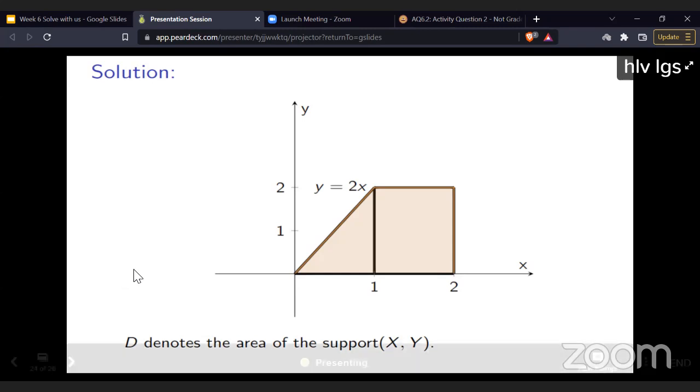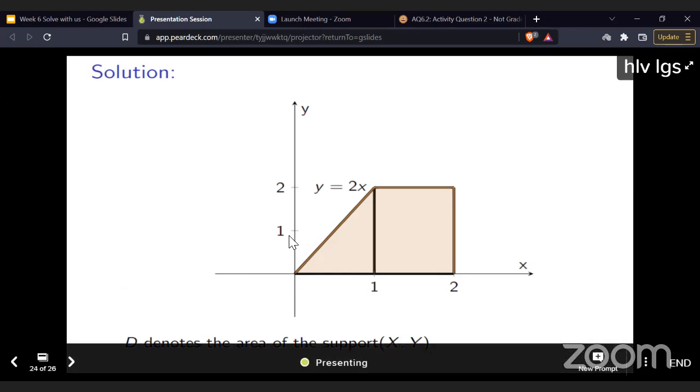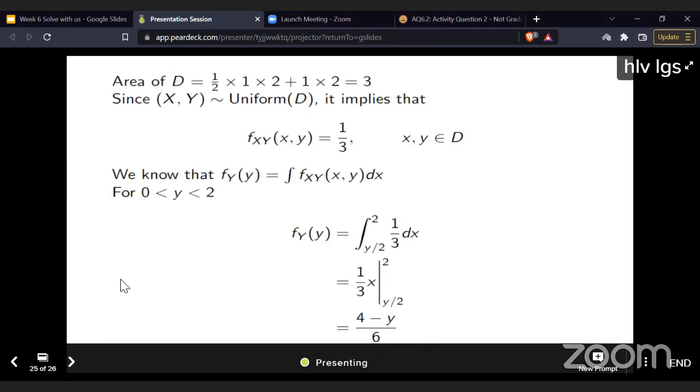To find the limits of x, we draw a horizontal strip. The lower limit of x will be y/2 and the upper limit will always go to 2. So integrating 1/3 dx from y/2 to 2, it comes out to be (4 minus y)/6 for y lying between 0 and 2.